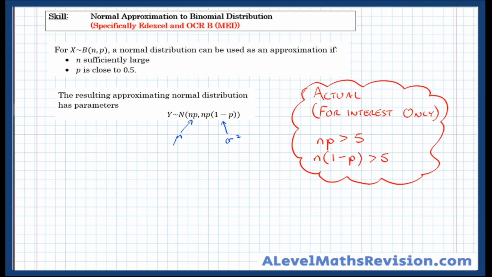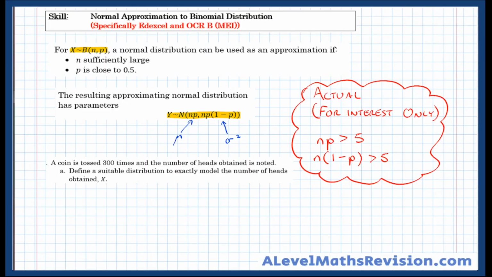So we're saying that when these conditions are met, then it's fair game to model the original binomial distribution approximately using this normal distribution here, and that can simplify some of the calculations.